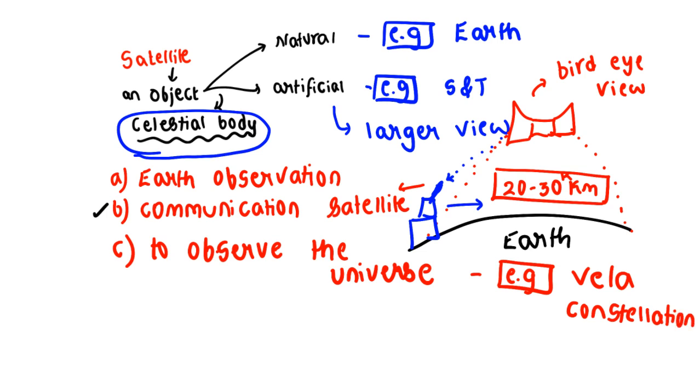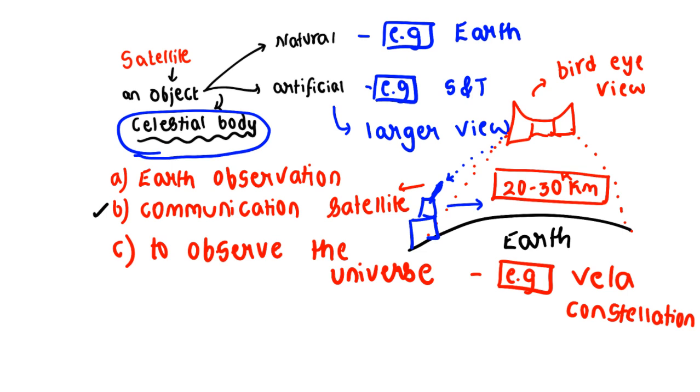A group of planets and stars is called a galaxy, and a group of galaxies is called a constellation. The Vela constellation is around 5 to 6 billion light years away. Even light takes 5.6 billion years to travel from that space to here. So these satellites are generally placed to observe things which are very distant from the Earth.